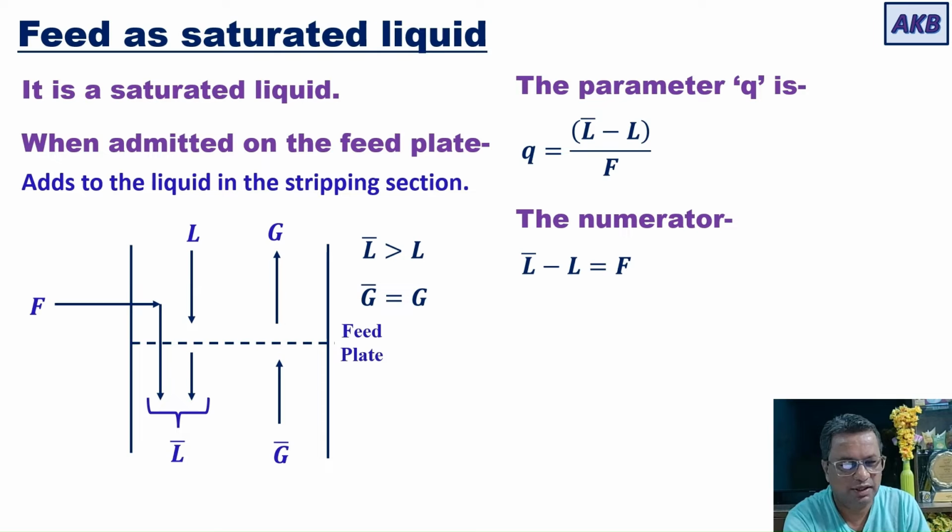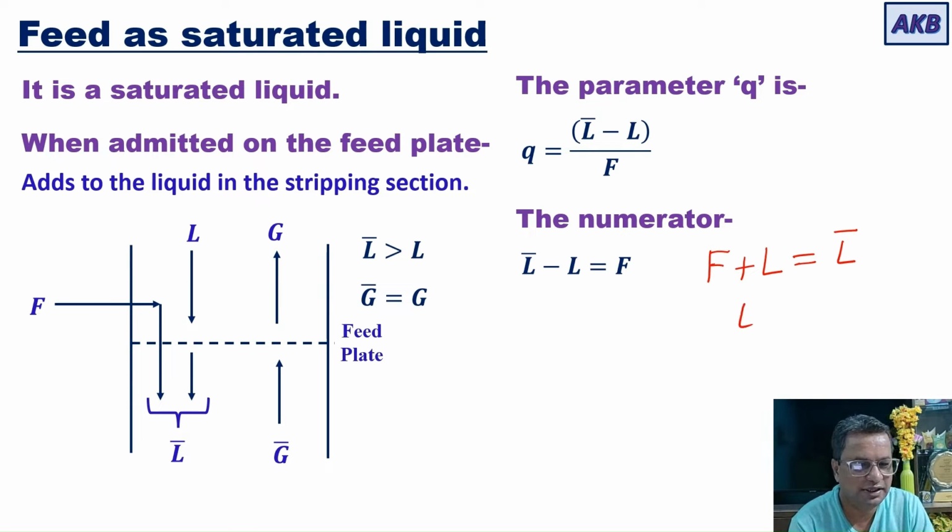So liquid will be coming along with the feed, and this feed will then add to the liquid that is coming from the rectifying section, and this will be resulting in the liquid in the stripping section. So that means L bar minus L in this case is simply F. That is, the numerator in this case is nothing but F.